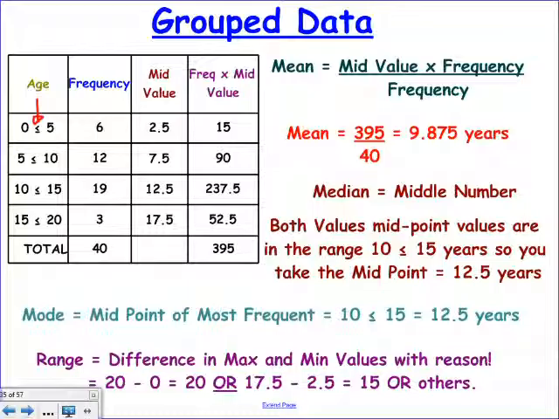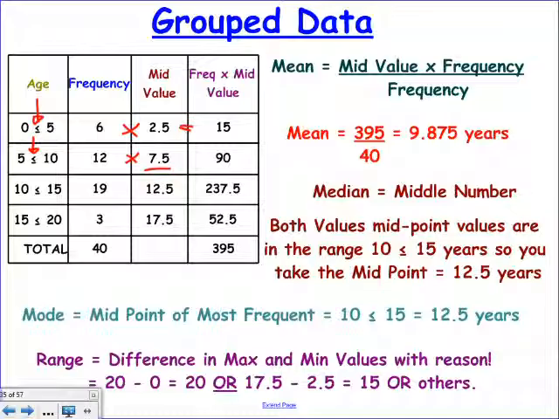So here, in order to work with something in mathematics, we pick the middle number. So if I've got an age range of 0 to 5, I pick my middle point, 2.5. So I then multiply my frequency, 6, by 2.5, and it gives me a total age of 15 years for those 6 students, okay, or people. If I've got an age range of 5 to 10, I pick the middle point, which is 7.5. So I multiply my frequency, 12, by 7.5, and it gives me a total age of 90 years.